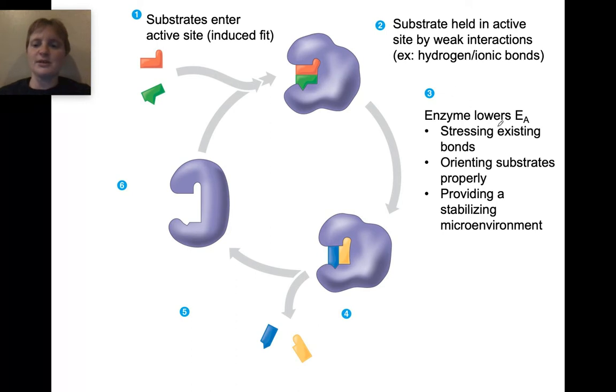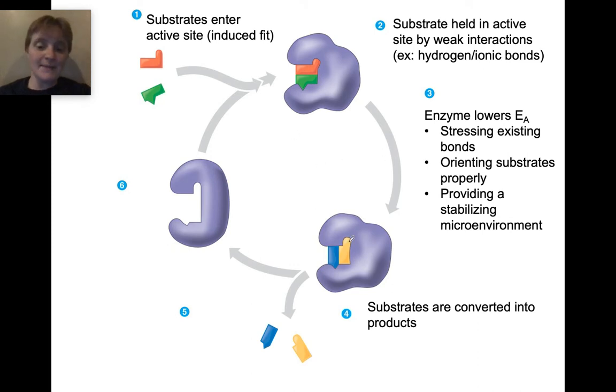This enzyme is going to lower the activation energy. It stresses bonds by keeping things so close together. It keeps things in the right orientation to allow them to be shaped well enough to do the chemical reaction. It provides a very stable microenvironment to allow that reaction to proceed faster at lower temperatures, with the substrates unstable enough that the reaction can go, okay?